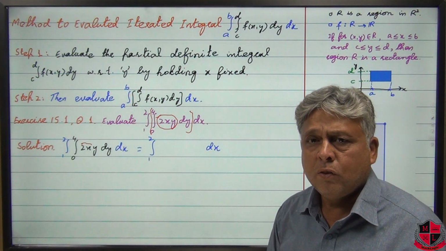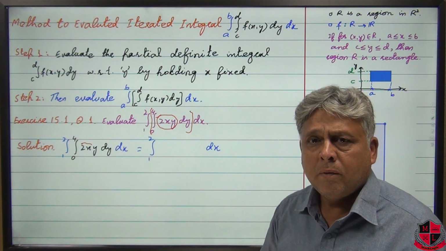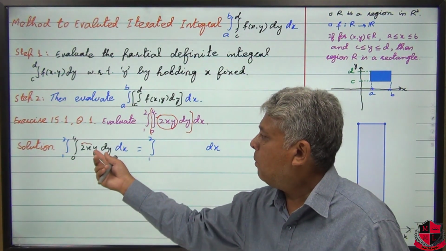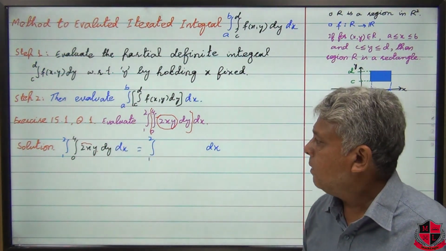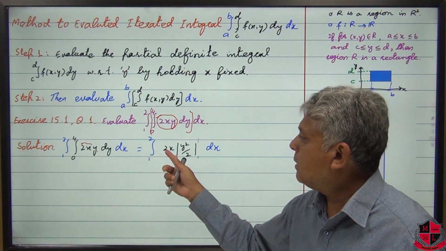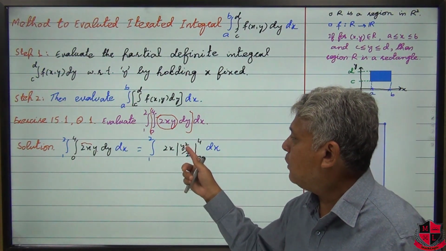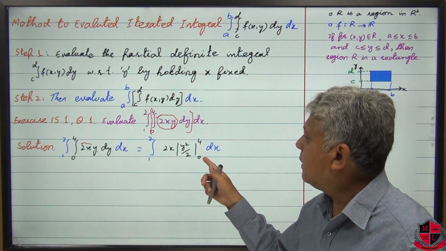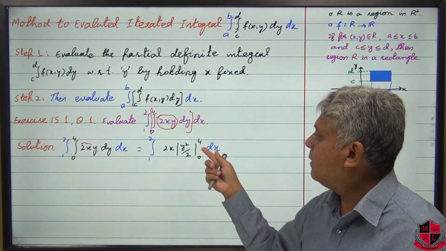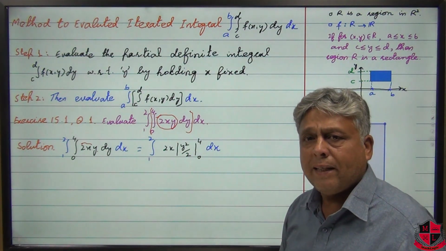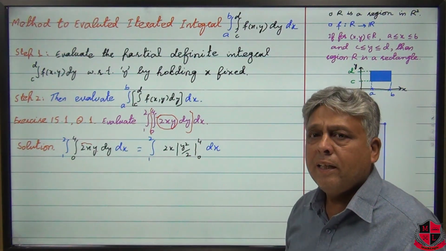We have used this formula before in 2 questions. Raise the power of y by 1 and divide by the resulting power. So 2x is constant and the integral of y is y square by 2, and the limits of integration are 0 to 4.